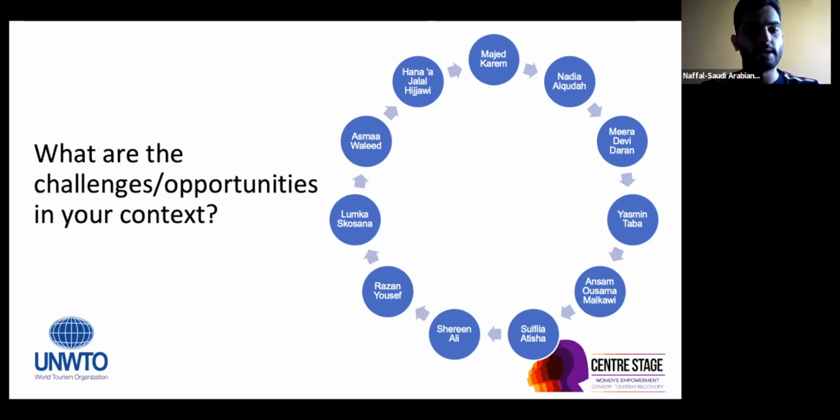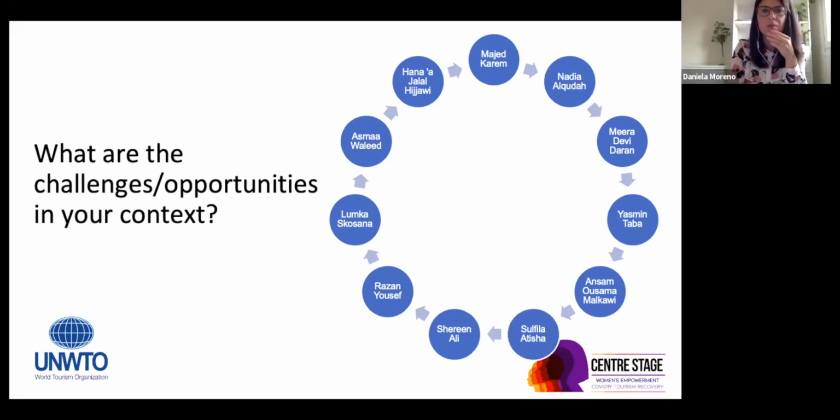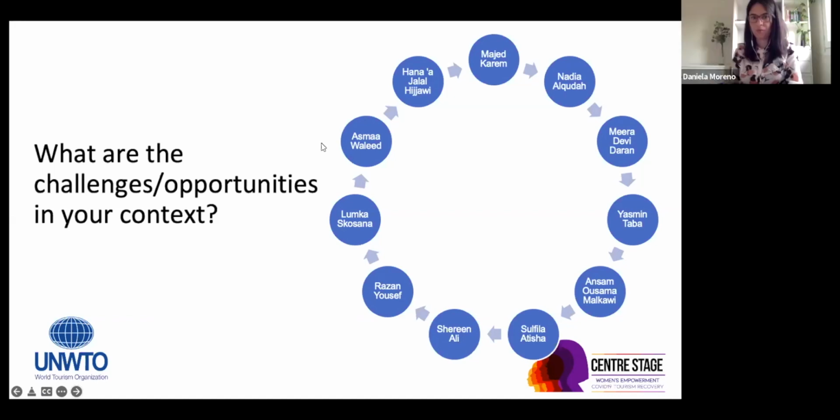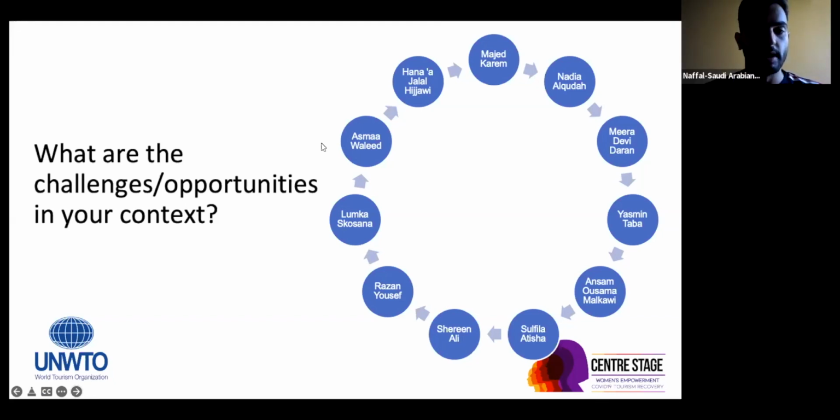I actually see a great opportunity in women empowerment in Saudi Arabia, especially today, since there's great effort to invest in small businesses that are related to tourism in Saudi Arabia. I think there's a great opportunity for women to join the workforce in tourism-related businesses.